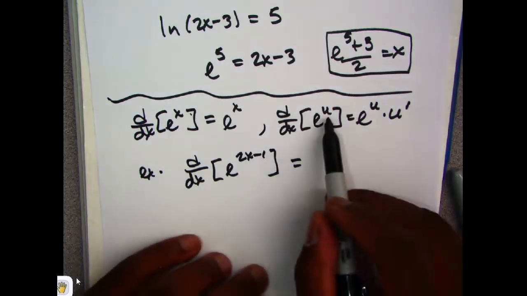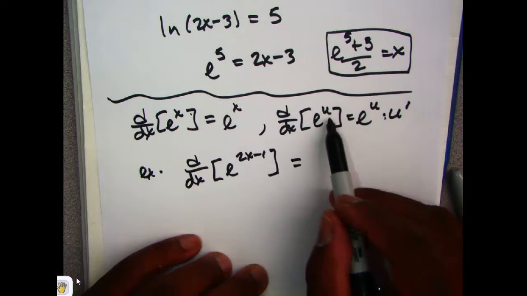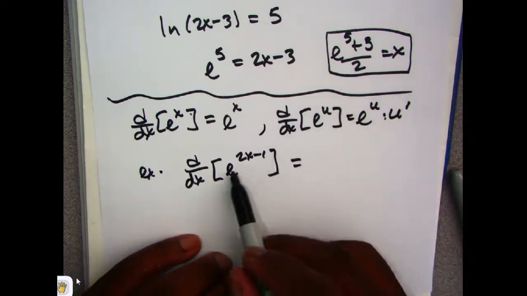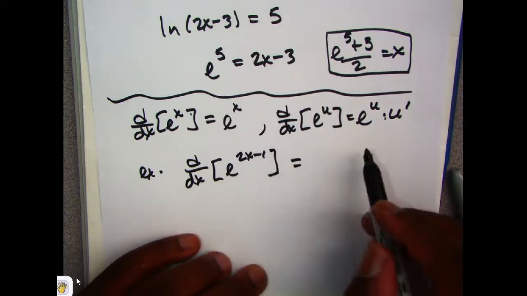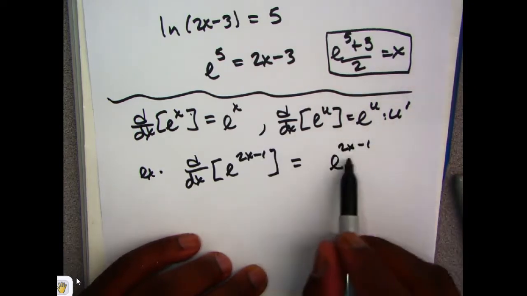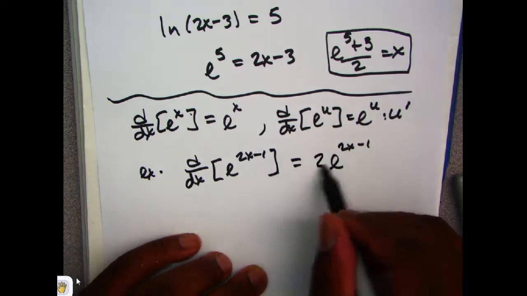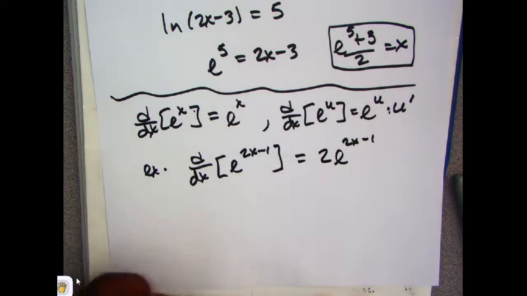Well, the derivative of e to the u is e to the u times the derivative of u. So the derivative of e to the 2x minus 1, we know it's going to be e to the 2x minus 1. Now we just need the derivative of 2x minus 1, which is 2. Okay, that's it.